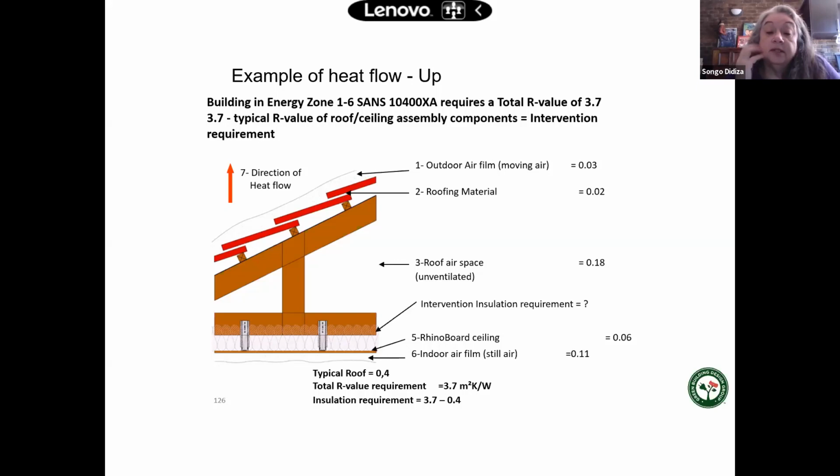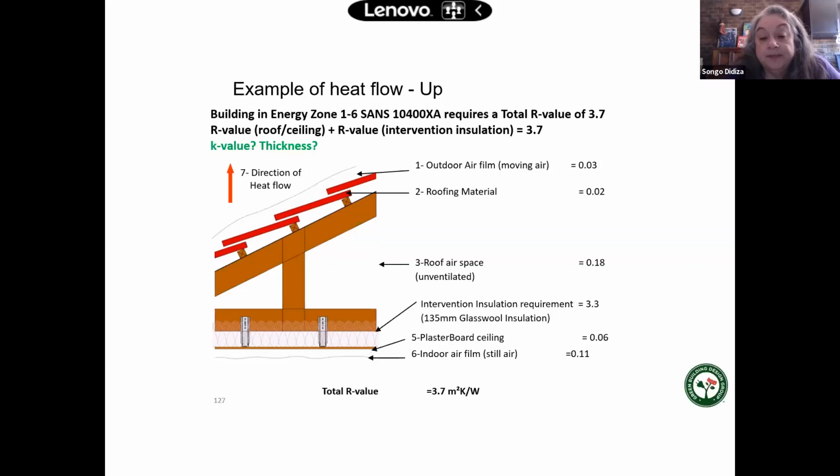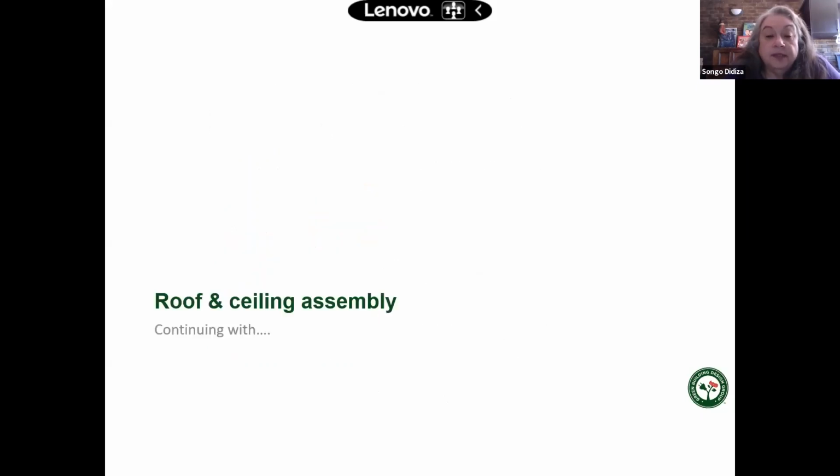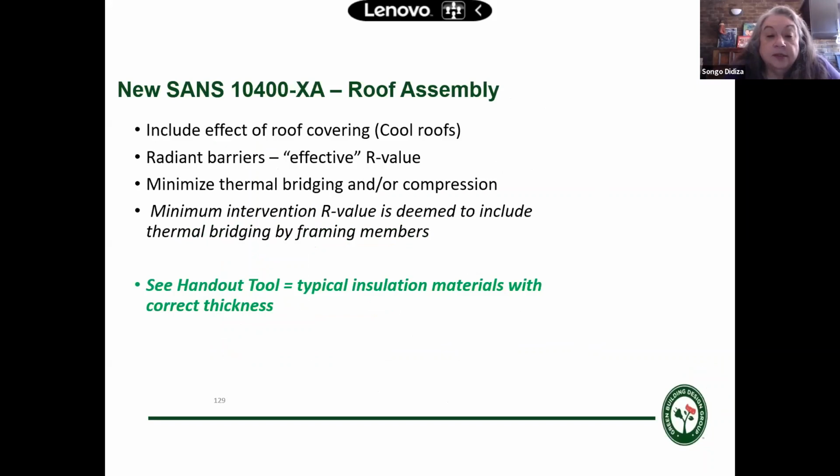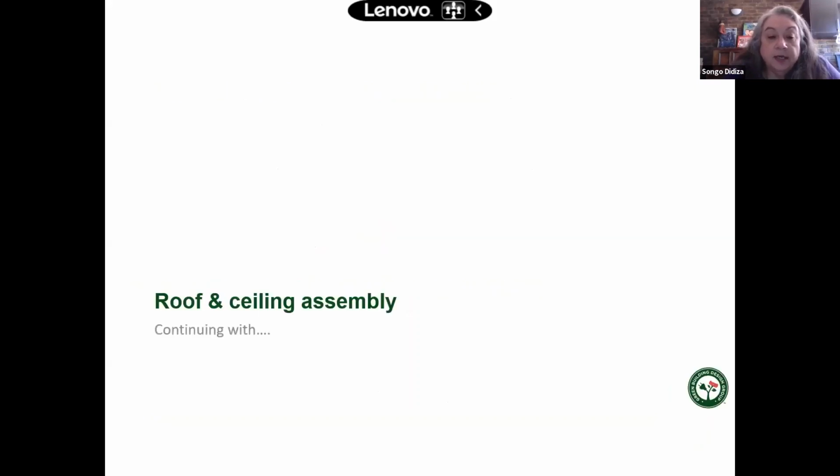So basically all those things add up to 0.4, so you need a 3.3 intervention, and in this area it's equivalent to 135 mm of glass wool. Okay, but now the thing is, we'll go into the insulation, but let me just go back.